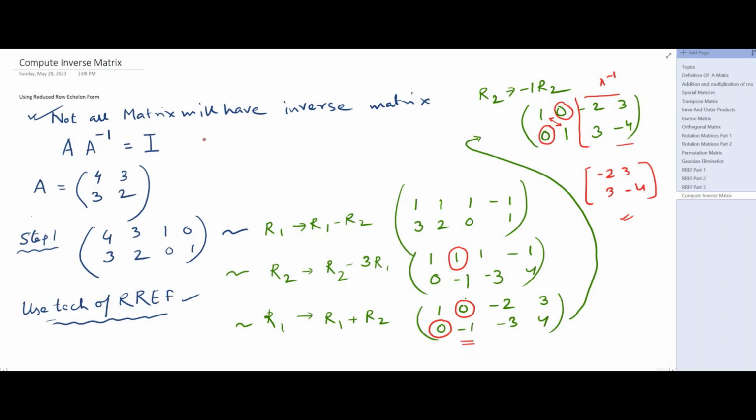That's the main concept, and along with that I will now show you the same example on a 3 by 3 matrix, because this is actually a 2 by 2 matrix. We'll do one more assignment where we'll show that.